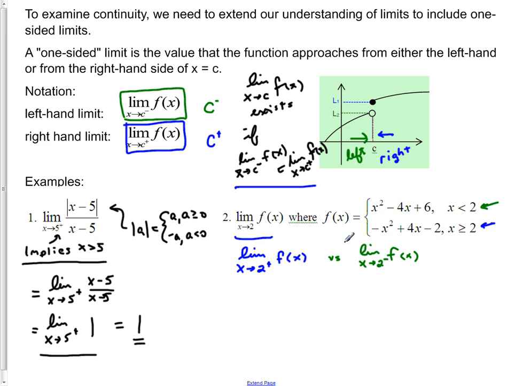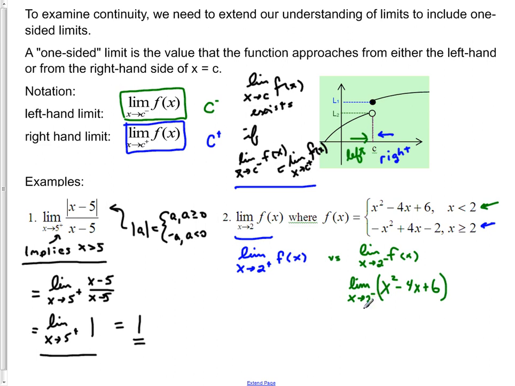All right, so let's look at the first one up here. The limit as x approaches 2 from the left. Well, in this case, evaluating this limit, we let x approach 2 from the left of the expression x squared minus 4x plus 6. Now, the nice thing about this is that we are back in polynomial territory.